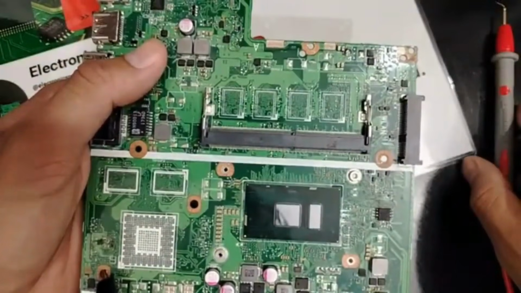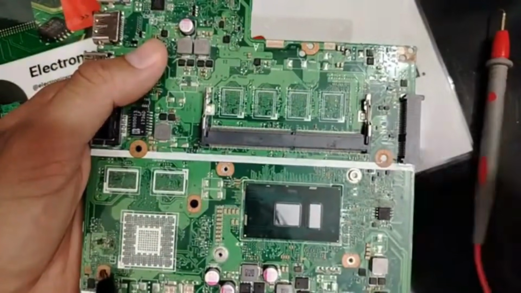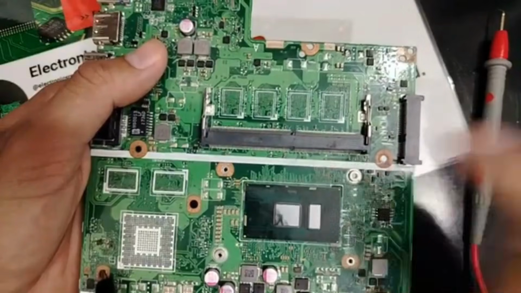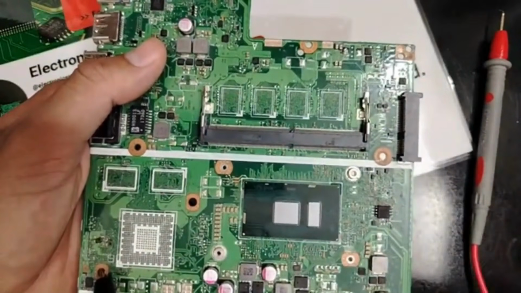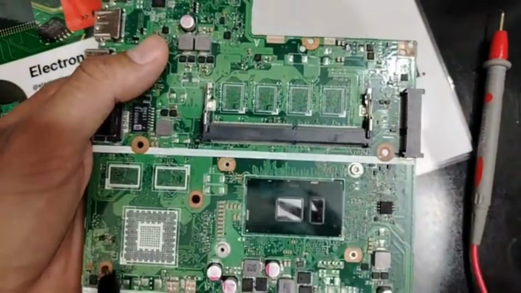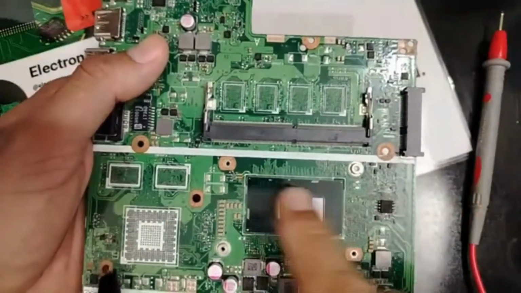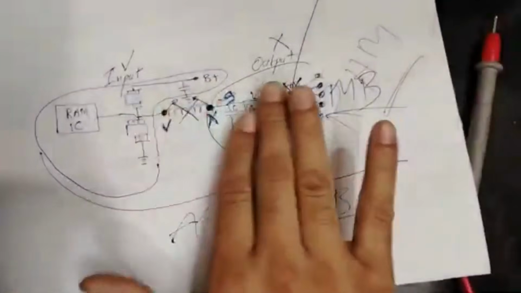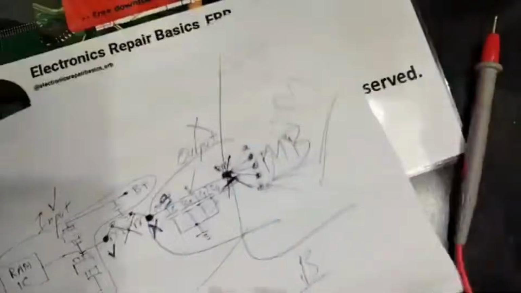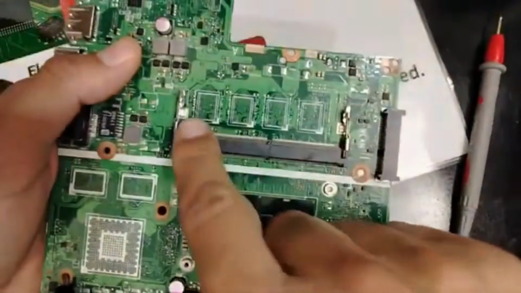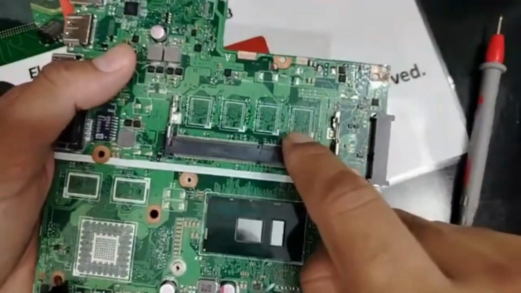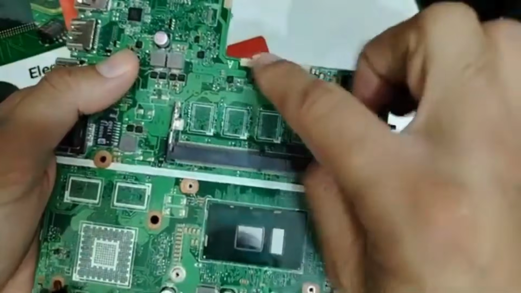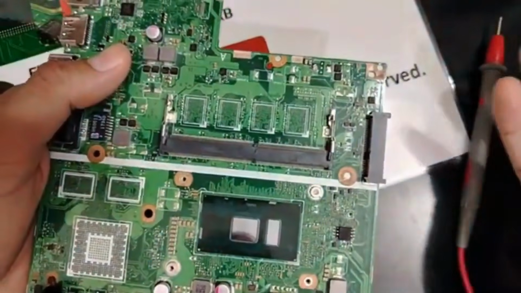Means what? In one minute, I will show you the shorted problem. When you get this kind of problem, it is outside the circuit. You find the RAM chip is not here, so what should be shorted?